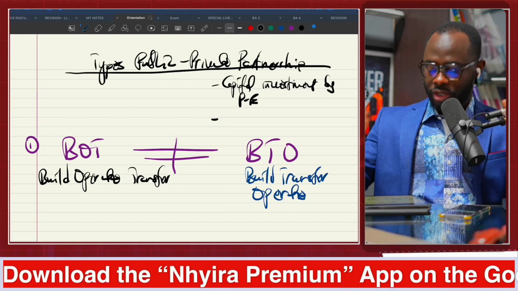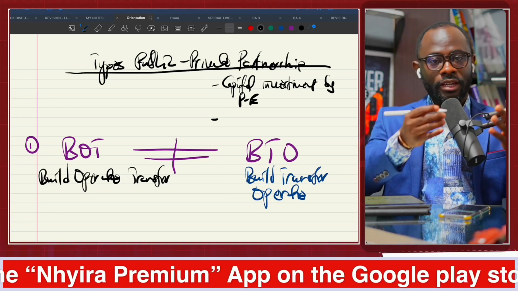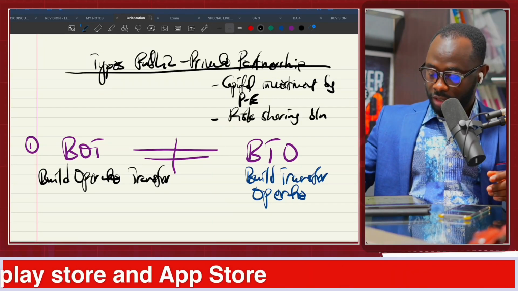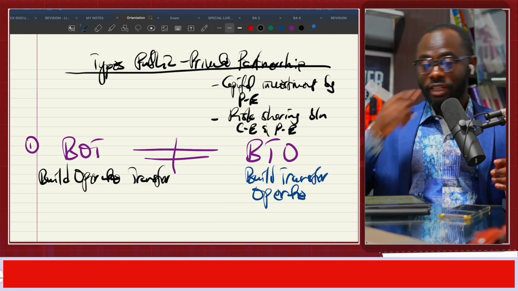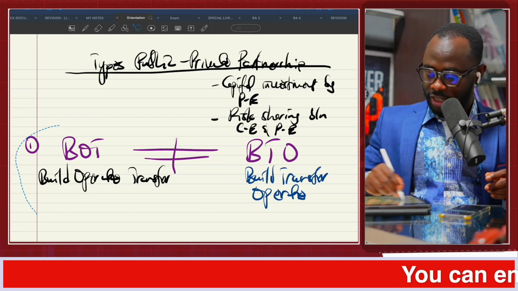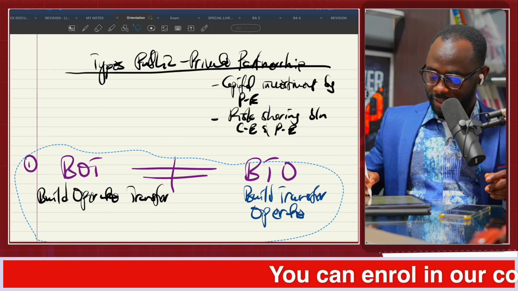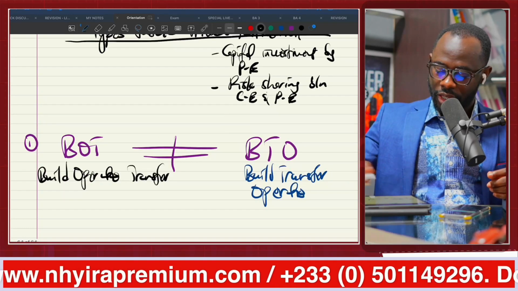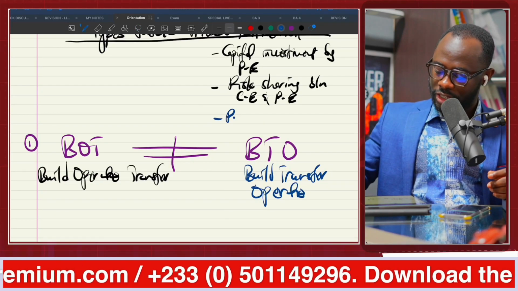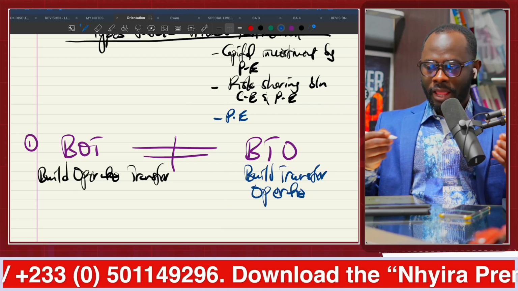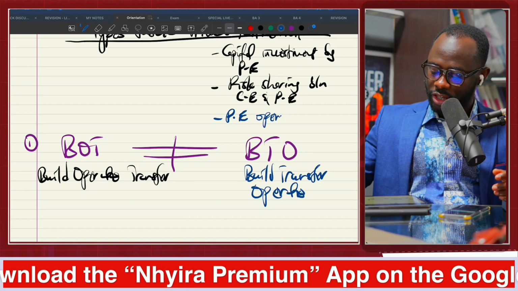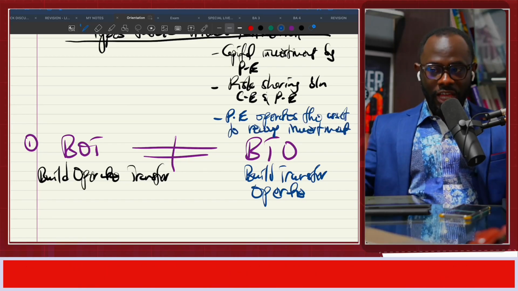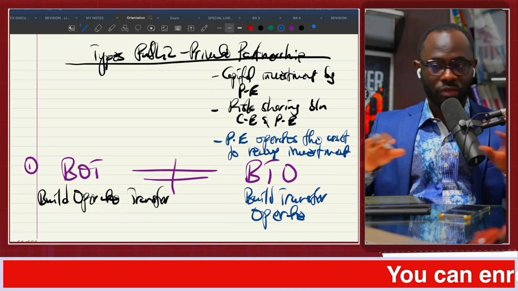Number 2, in both cases, there is a risk sharing between the contracting entity and the public sector, the private sector entity in both cases. Then number 3, in both cases, the private entity or the private investor is allowed to operate the asset for a number of years to recoup their investment. So for starters, these are the 3 key features we can talk about.